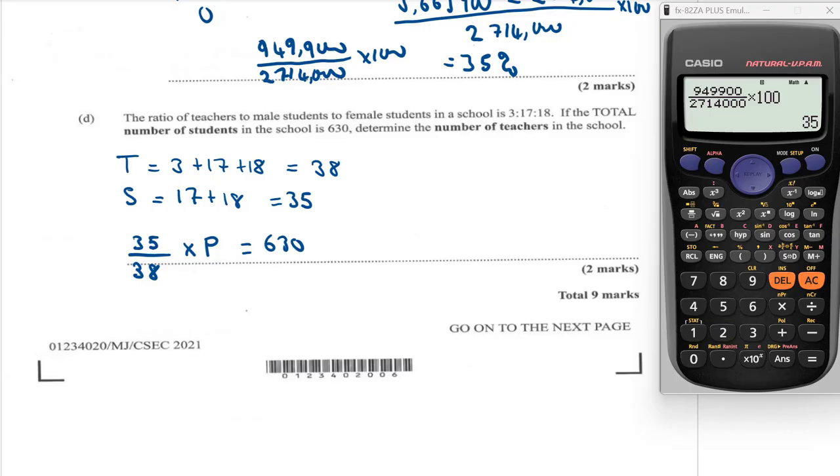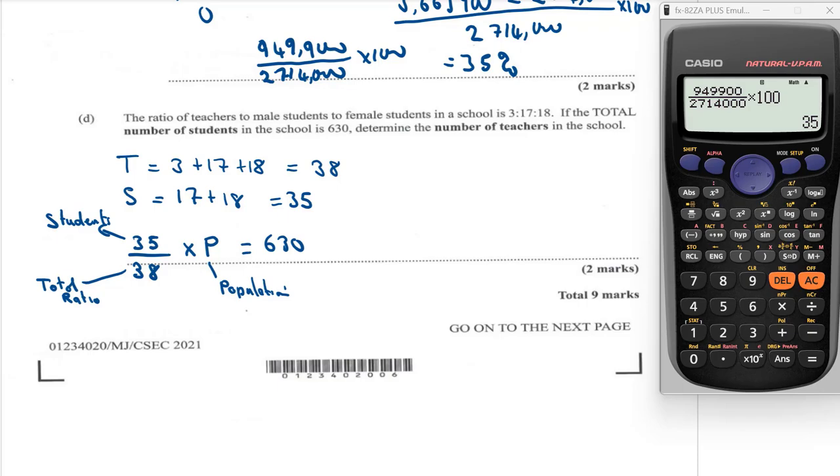So what they are saying is that the students, which is S, divided by the total ratio, times the population, is equal to 630. So all we need to do is find P, and then we can find the number of teachers in the school.